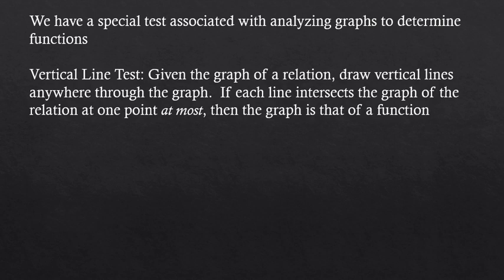Draw vertical lines anywhere through that graph, anywhere on the coordinate plane. If each vertical line intersects the graph of this relation at one point at most, then the graph is that of a function. If you have even one vertical line that intersects the graph in two or more spots, then that is not the graph of a function, you do not have a function there.